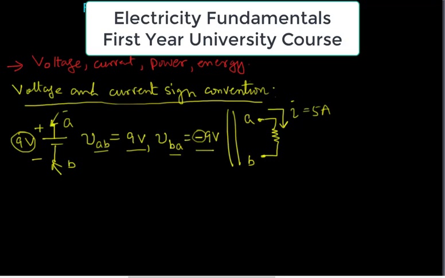You can see that the current is entering the A side and leaving the B side. Its arrow is pointing towards B, so it's going to leave from the B terminal. We can describe this current as IAB and say that its value is 5 ampere. Conversely, IBA, if you were to think that the current was flowing in the opposite direction, then there is going to be a minus sign associated with it. This is how voltages and currents are assigned different signs.